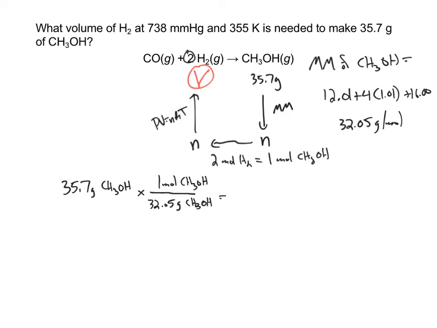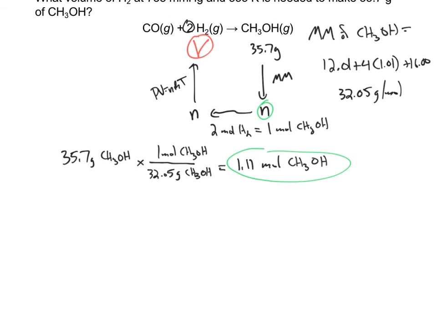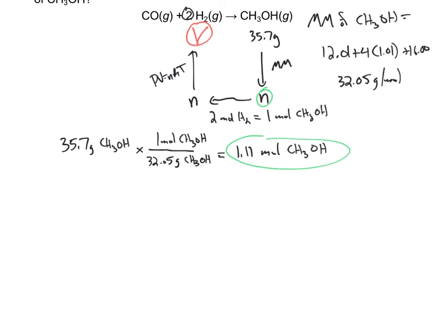So the first leg of my journey gives me, all right, so right now I'm here. Now I'm going to use the stoichiometric coefficients to go from moles of methanol to moles of H2.